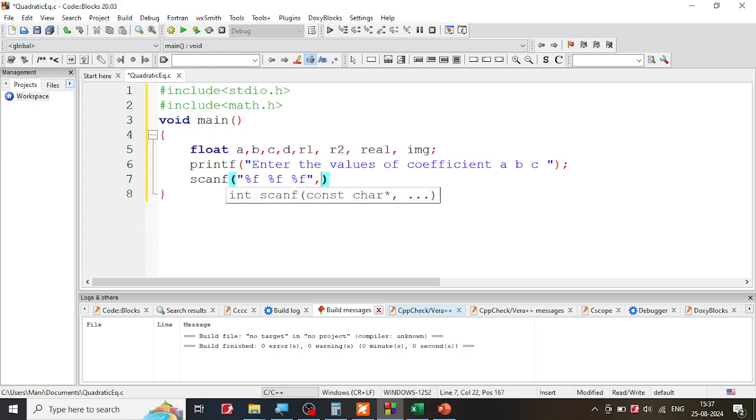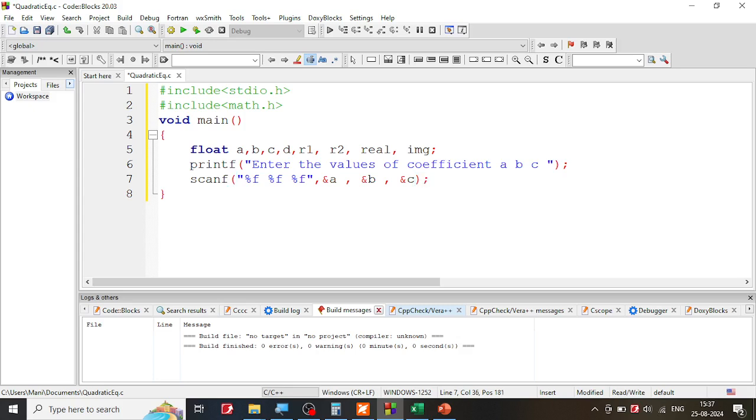These floating numbers have to be stored in the locations pointed to by A, B, and C. The first floating point number I read has to be stored in the address given by A, the second in the address given by B, and the third in the address given by C.